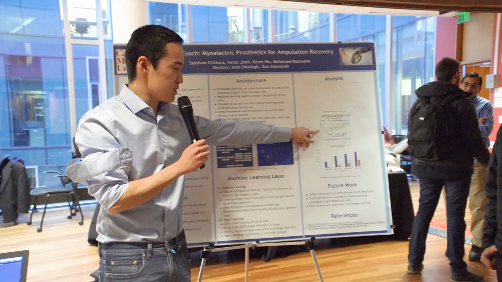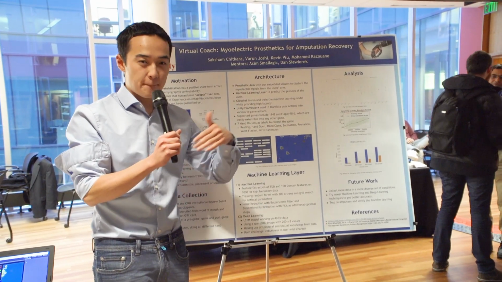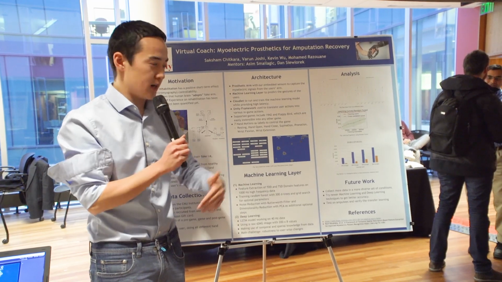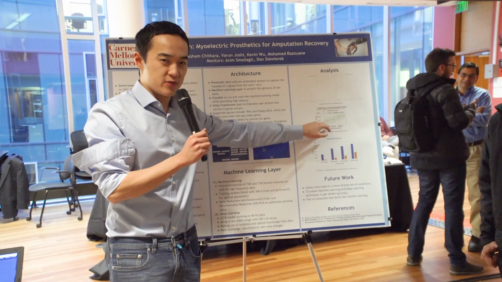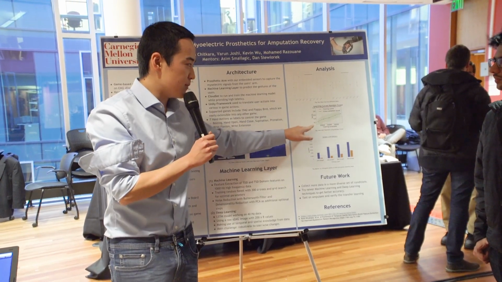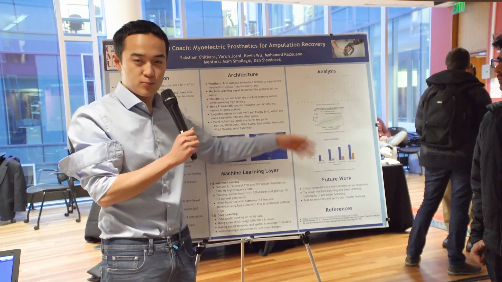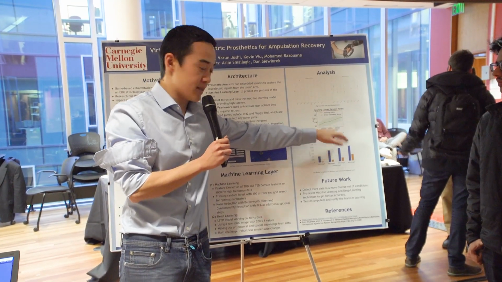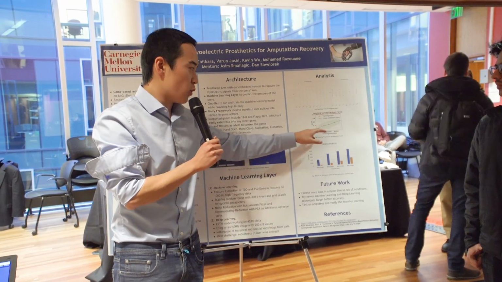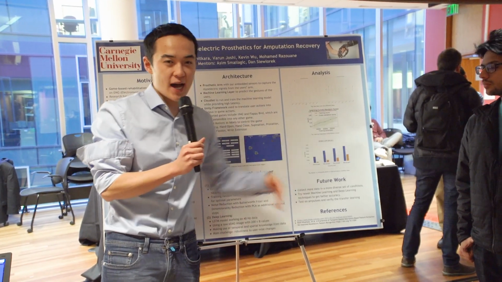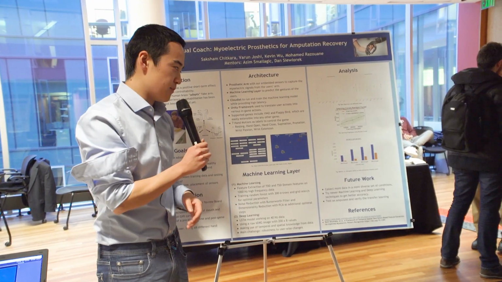As you can see on this graph, as you increase the number of people included in training the model, the test accuracy essentially increases linearly, which leads us to believe that if we had more time and the ability to train on more users, we would be able to get an even higher accuracy than the around 65% that we have right now.